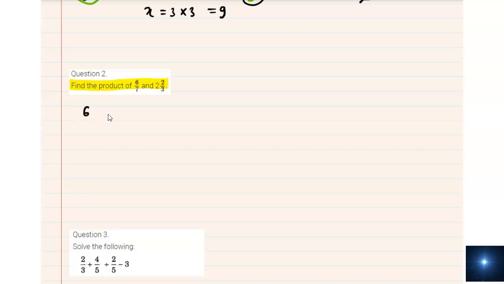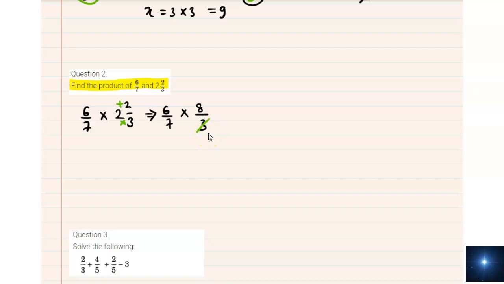How will we solve this fraction? 3 into 2 will become 6 and 6 added with 2 will be 8. So it turns into 6 by 7 into 8 by 3.